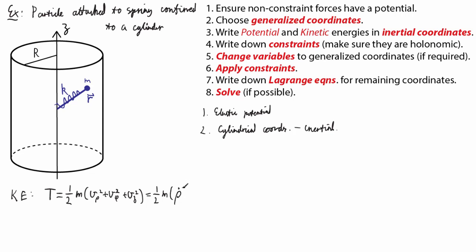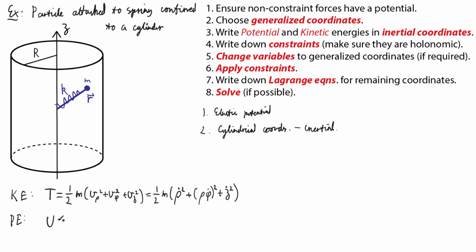Well, in the rho direction it's simple, it's rho dot squared. Now in the phi direction, you should know that that is rho phi dot. And you should be able to justify it to yourself geometrically. Don't memorize it, just understand why that's the case. That's the way to go. And then we have z dot squared. Okay, so that's the kinetic energy.